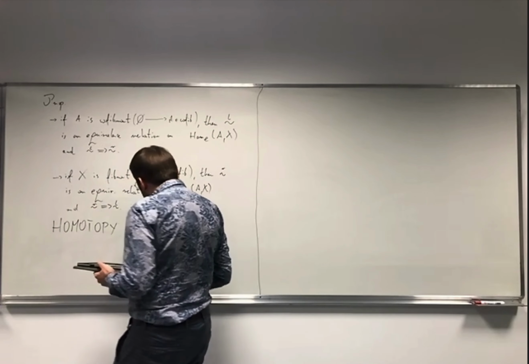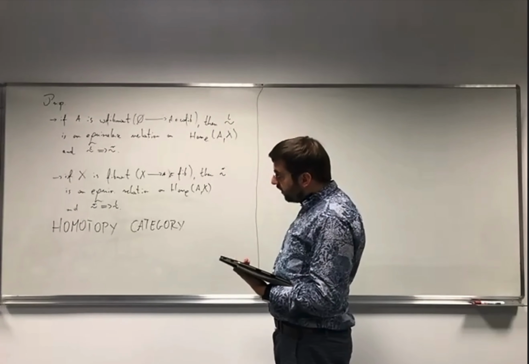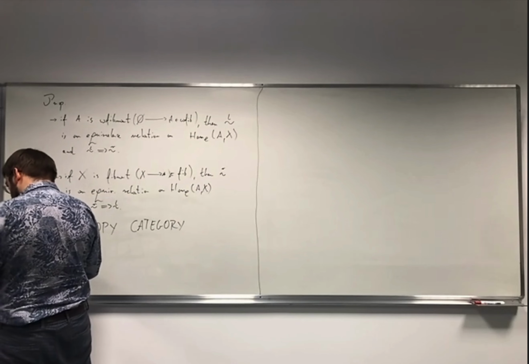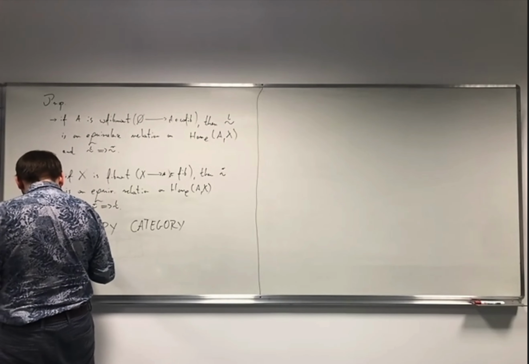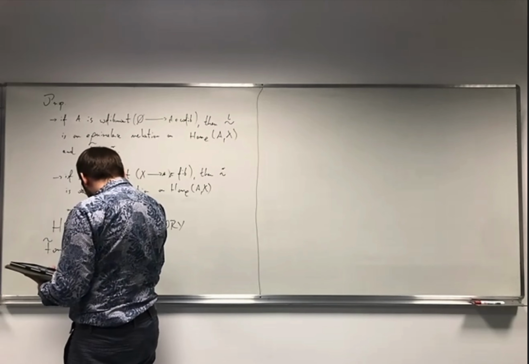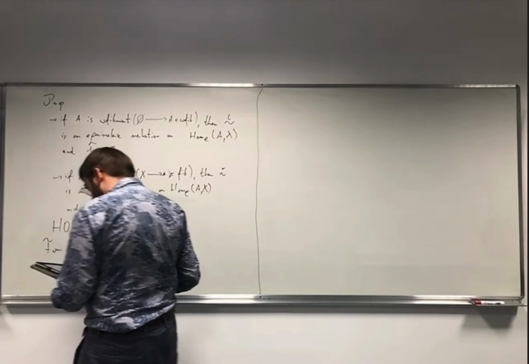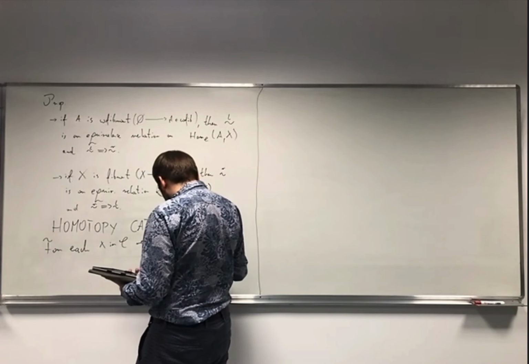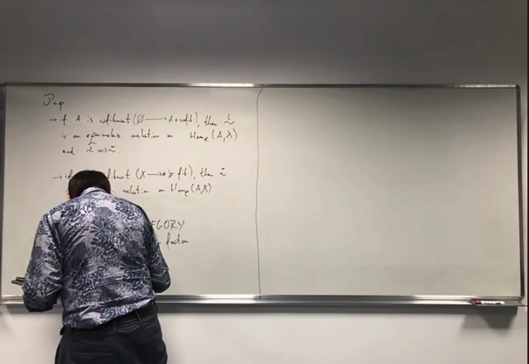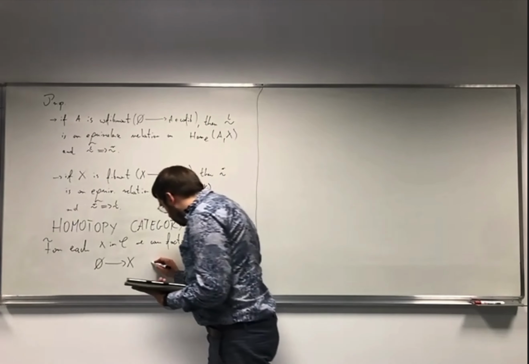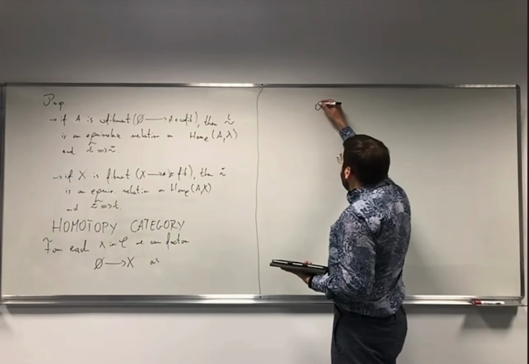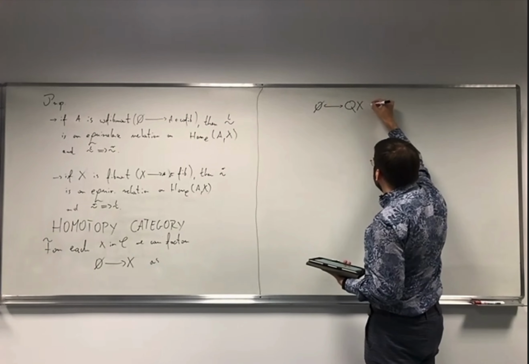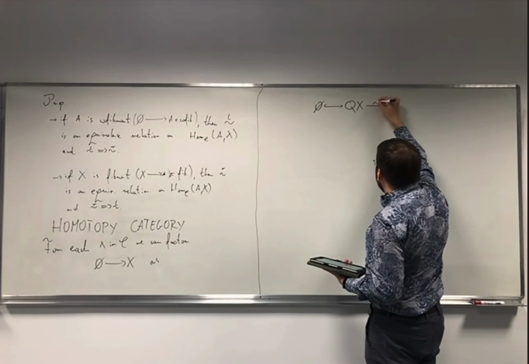To do this, firstly, we need to say what a cofibrant replacement is. For each object X in our category C, we can factor the map from the initial object to X as a cofibration to some object QX followed by an acyclic fibration.